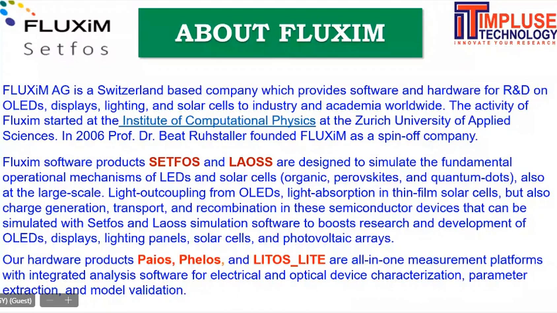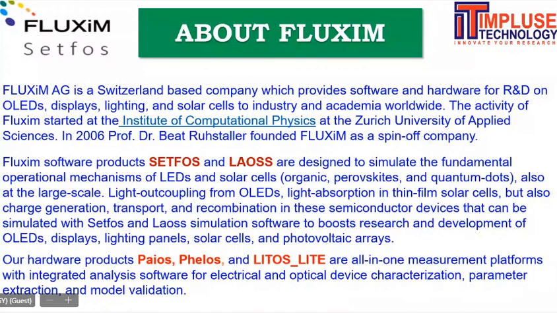So we have also supplied this hardware. You can see in the red color, PIOS, pillows, LAOSS light. These are basically equipment where you can characterize your solar cell's electrical and optical characteristics.